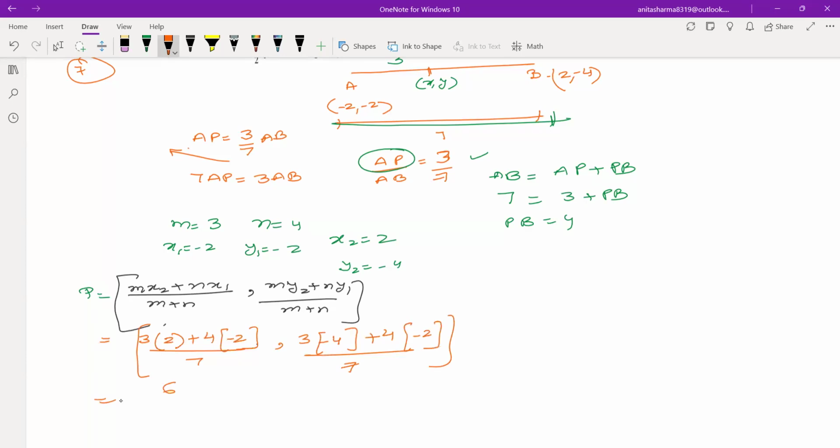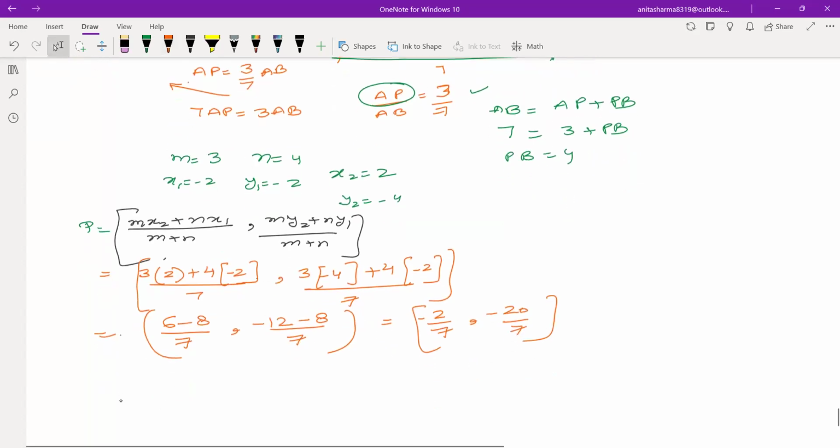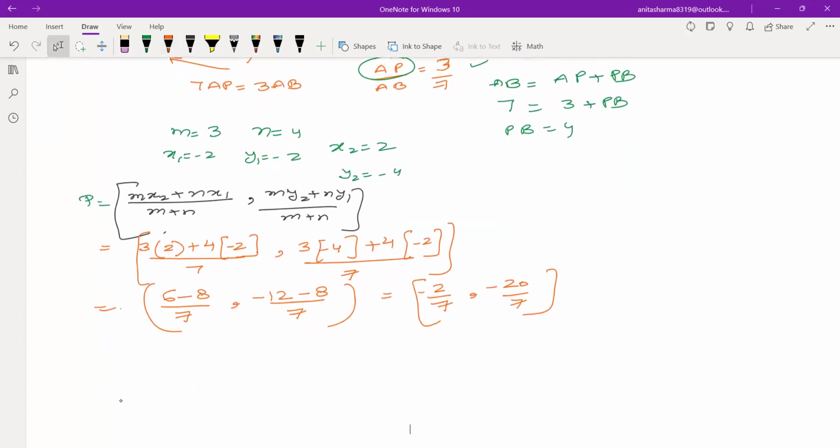Now 3 twos are 6, 4 times -2 is -8, divided by 7. And 3 fours are 12, 4 times -2 is -8, divided by 7. So your answer will be -2 by 7 and -20 by 7. All have got the same answer? Yes, ma'am.